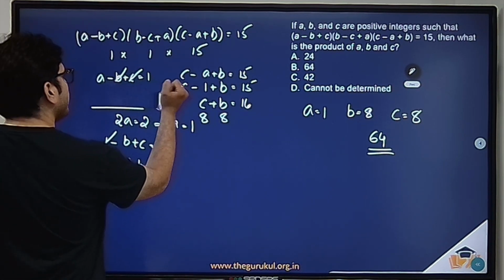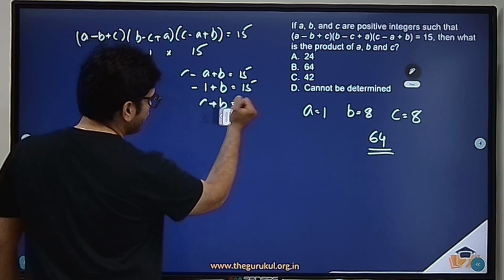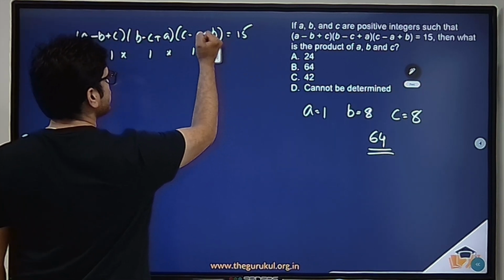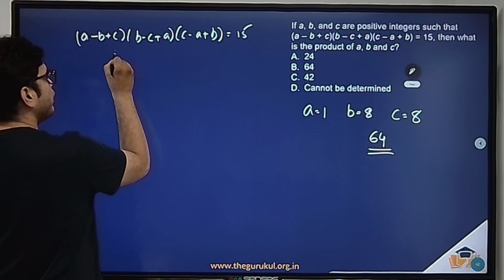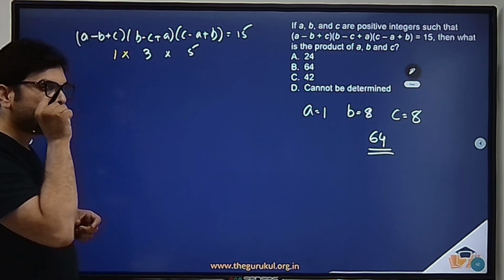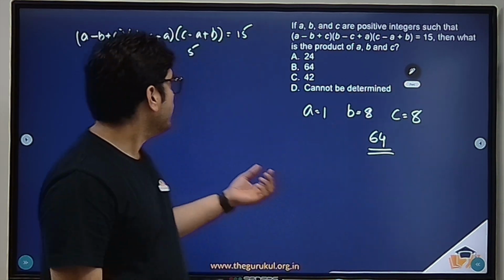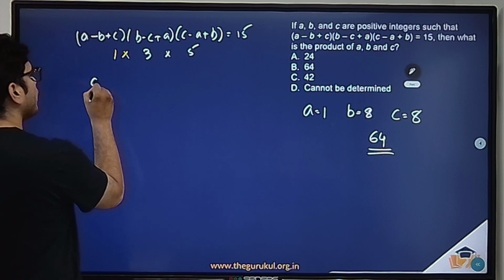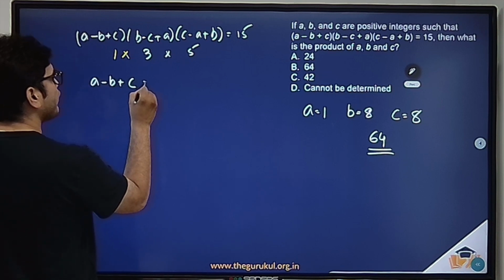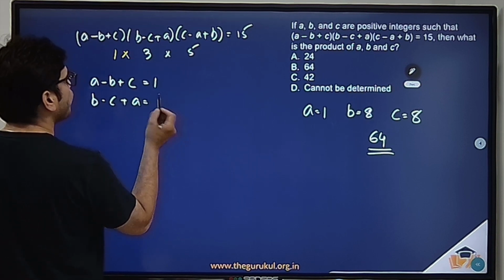Now, is 1 into 1 into 15 the only way of writing 15 as a product of three numbers? No. I could also write this as 1 into 3 into 5. Now, this is another way of writing 15 as a product of three numbers. So, if I consider a minus b plus c is equal to 1, b minus c plus a is equal to 3.